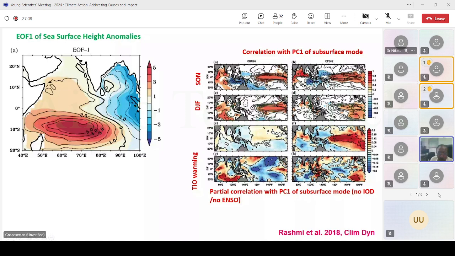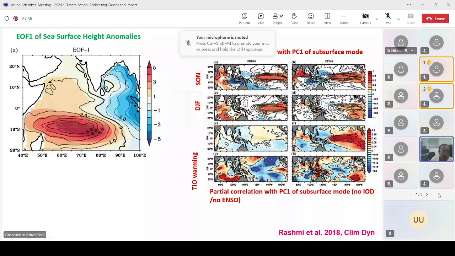That suggests that you don't really require an ENSO to force the basin-wide mode. You need only the subsurface mode of the variability. So that is the ideal case of 2019-20, where you got a very strong IOD when no ENSO activity was on, with a subsurface mode and a basin-wide warming.